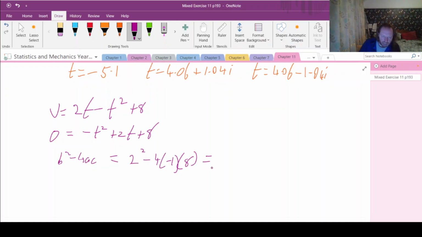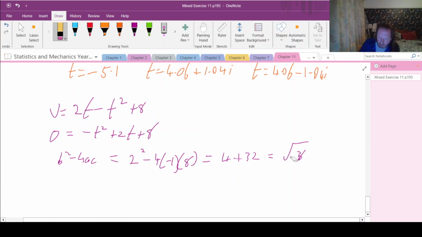That gives us 4 plus 4 times 8, 32, which gives us the square root of 36, which would become 6.